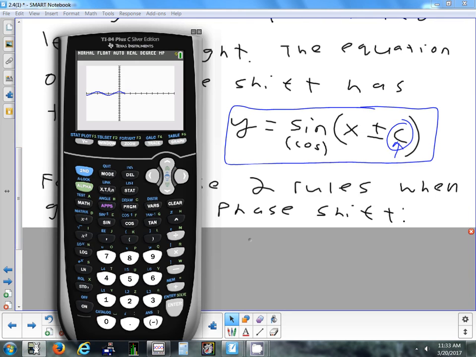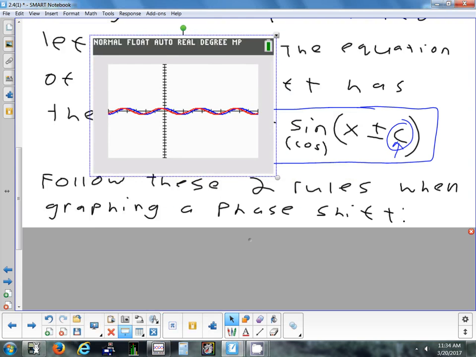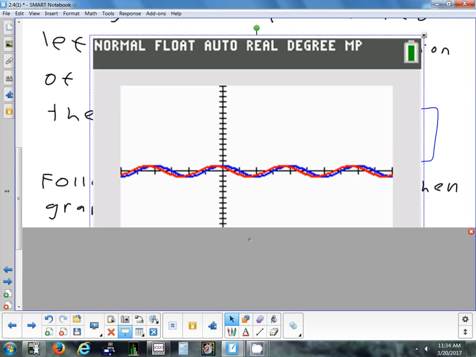It's a little small, but I'll make it bigger in a second. If I make it a little bigger, I think it'll be easier to see. Can anybody tell, from the blue as the original, did the red graph shift to the left a little bit, or did it shift to the right?